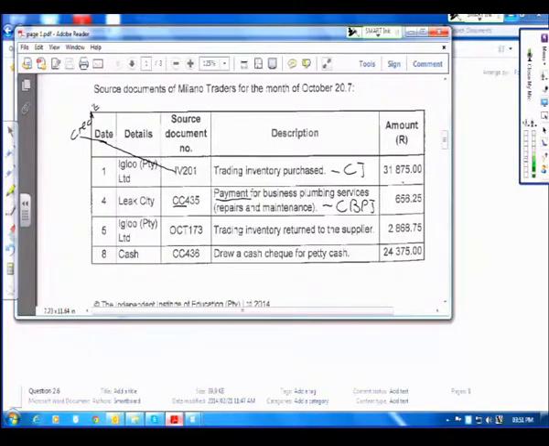So this one puts us in the third category, because the third category is when we are returning goods, either ourselves to the supplier or the debtor returning goods to us. And then if we are returning goods to the supplier, it goes to the creditors allowances journal.